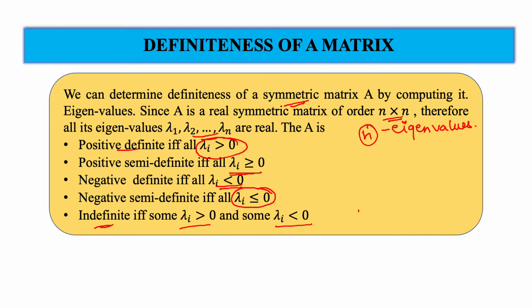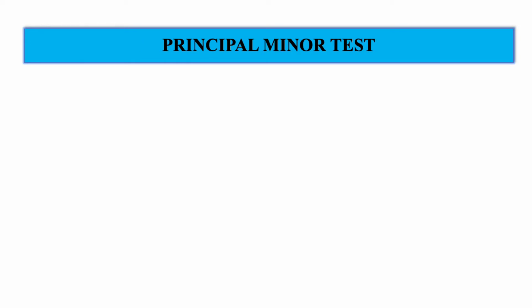Now finding eigenvalues is not always a simple task. If we have a matrix of 4 into 4 or 5 into 5 order, then finding the eigenvalues of the matrix to check the definiteness of symmetric matrix A is not an easy task. So we have another test, which we call the principal minor test. First we will understand what a principal minor is, and then we go to the test, and how using this test we can find whether a matrix A is positive or negative definite.